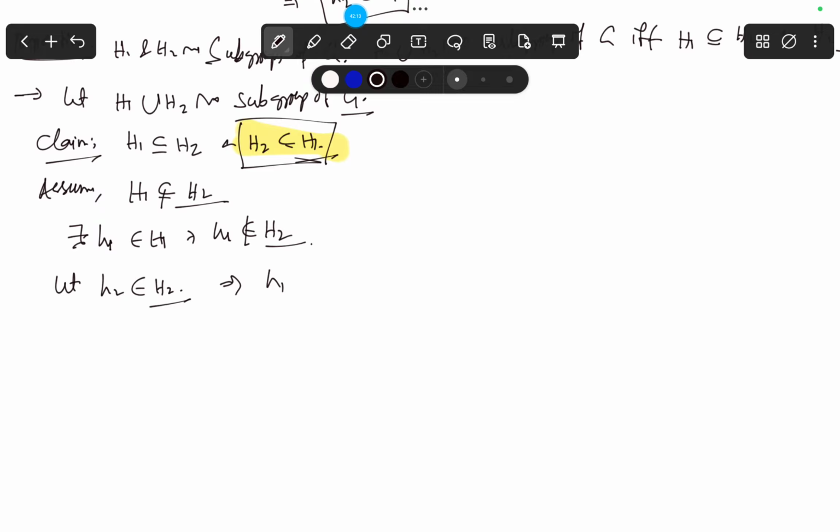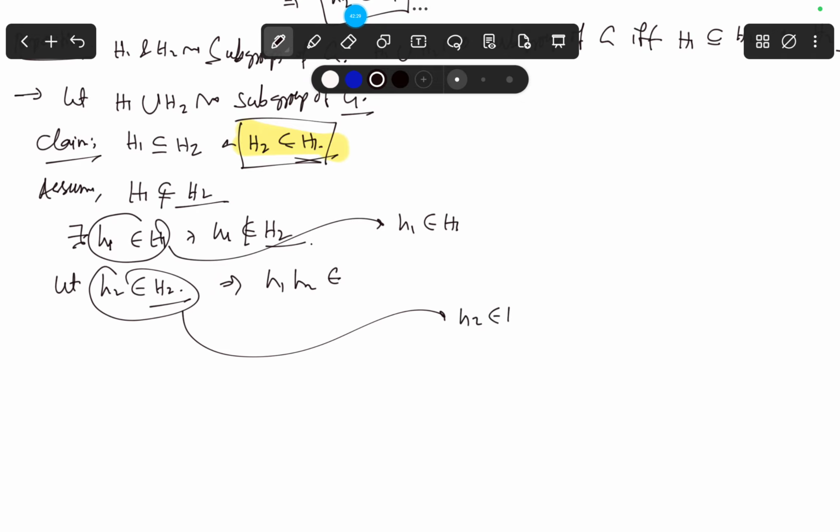That will basically imply that h1 times h2 belongs to H1 union H2, which is H2 union H1. Since H1 H2 is a subgroup, this will imply that h1 h2 is also in H1 union H2, right?